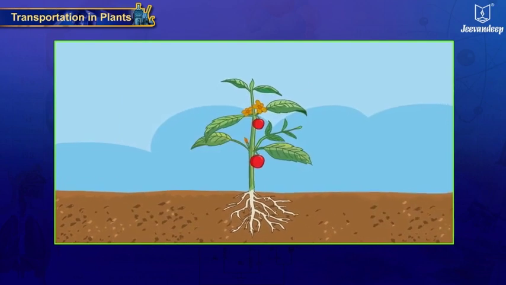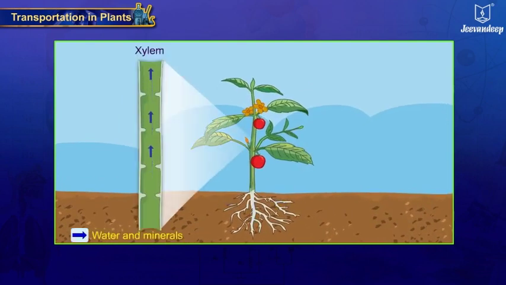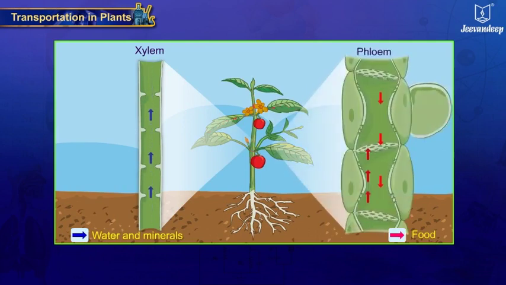Water and minerals absorbed by root hairs are transported through xylem bundles, whereas food manufactured by leaves is translocated all over the plant with the help of phloem bundles. All the parts of the plant are interconnected with these conducting tissues.